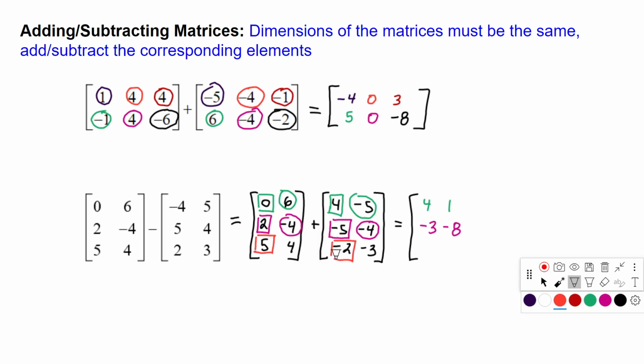So 5 plus negative 2 is going to be 3. 4 plus negative 3 is going to be 1. And our final answer is the same dimensions as the two that we subtracted, 3 rows by 2 columns.